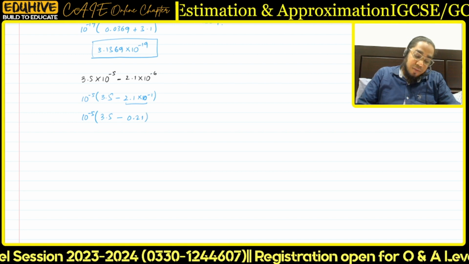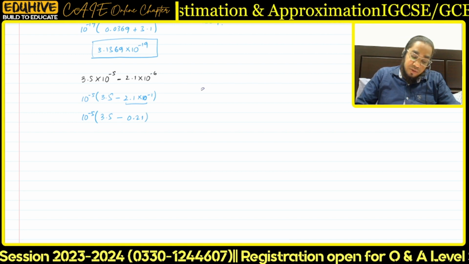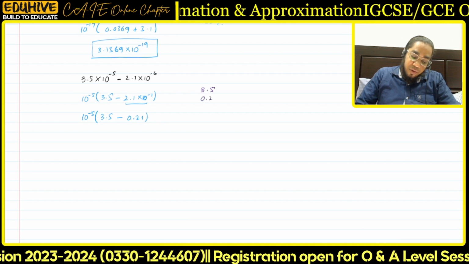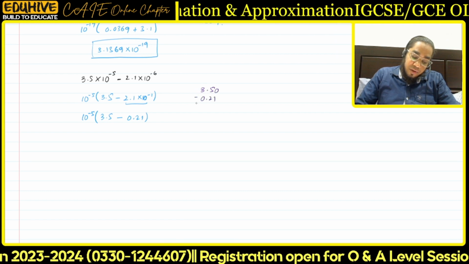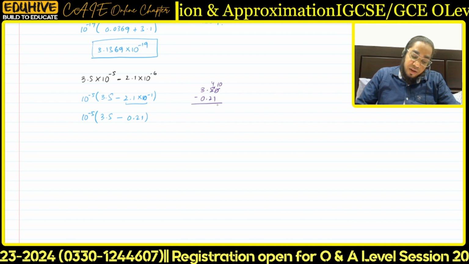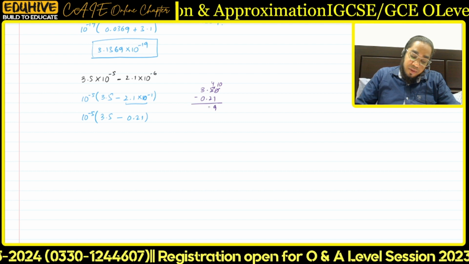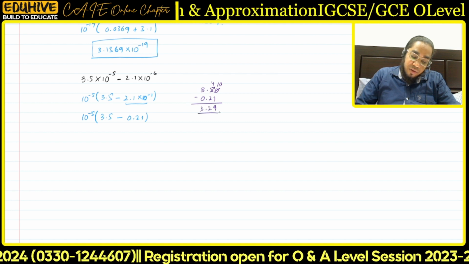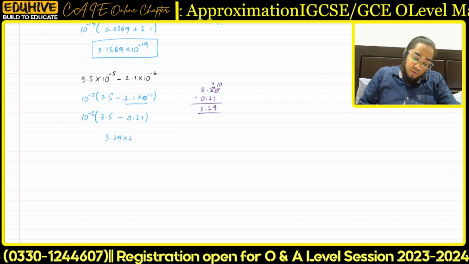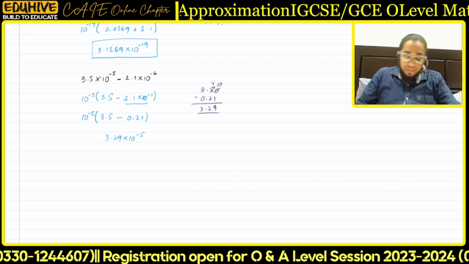Now I subtract: 3.5 minus 0.21, I make it 10 and 4, 10 minus 1 is 9, 4 minus 2 is 2, and that's 3. So I can say 3.29 into 10 raised to the power minus 5.